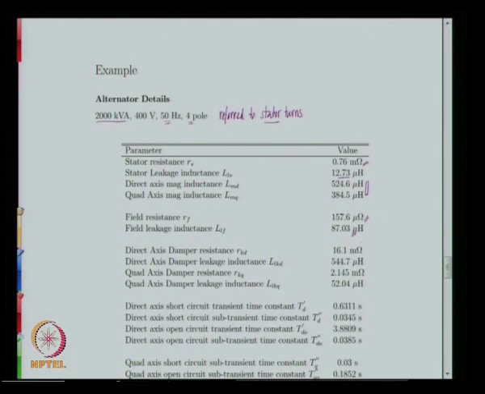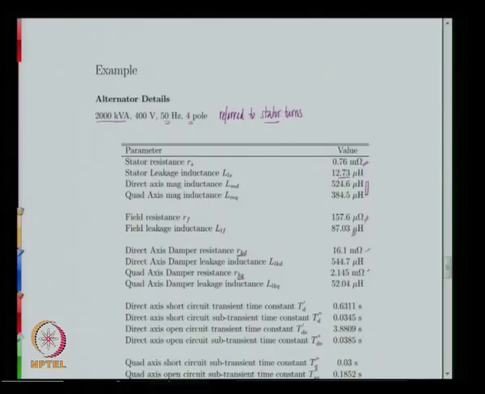Now if you look at the resistances RKD and RKQ, we see that they are of the order of 16 milliohms and 2 milliohms, and again if you look back at the derivations that we have done, we had said that RKD and RKQ are much larger than RF, and therefore certain simplifications were made in analyzing the D and Q axis equivalent circuit, and that is really seen here.